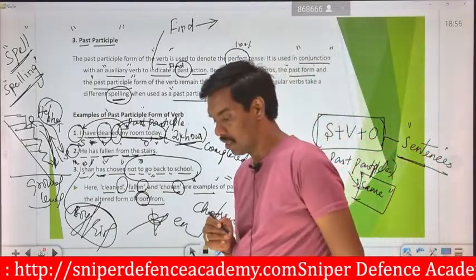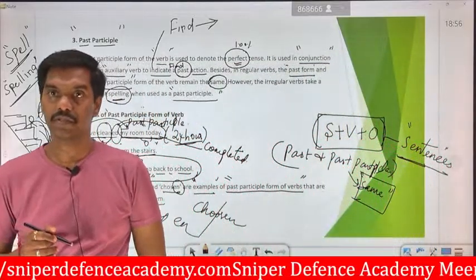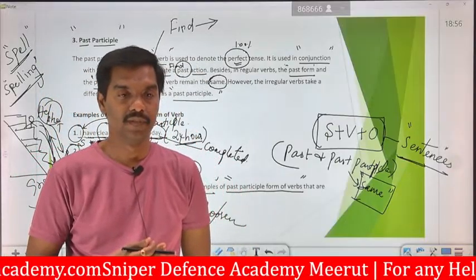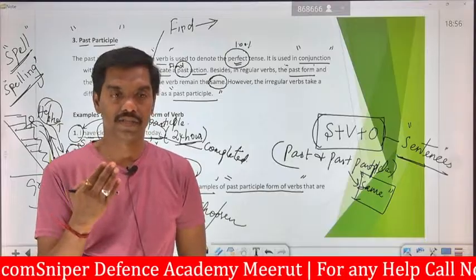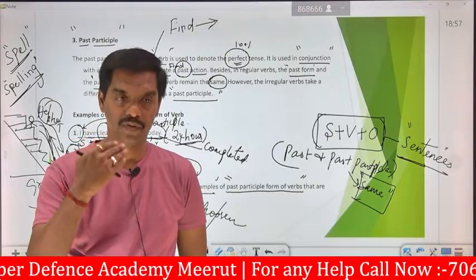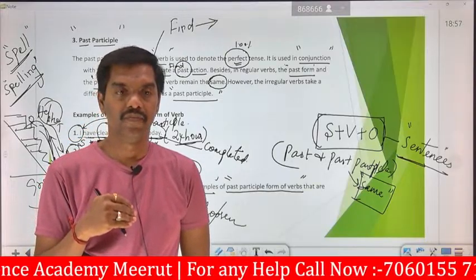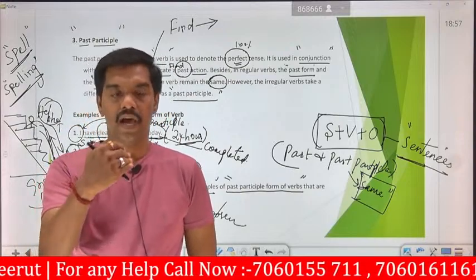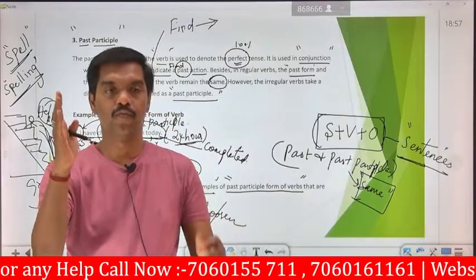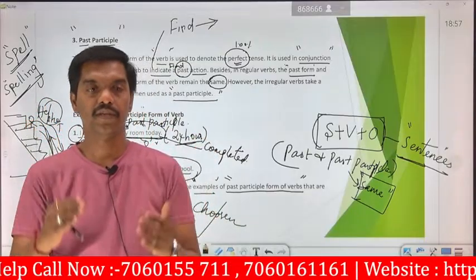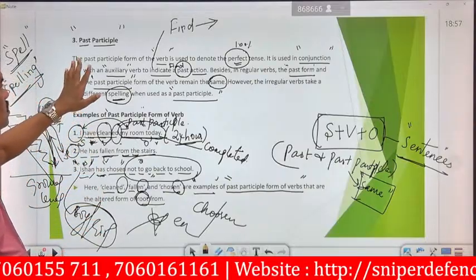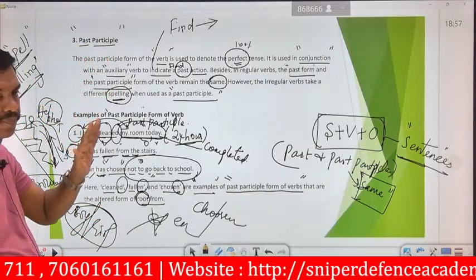So once again, we are going to recollect, and we will see what is past and what is past participle, and how they differ from one another. So what they are saying once again, the third one is past participle.